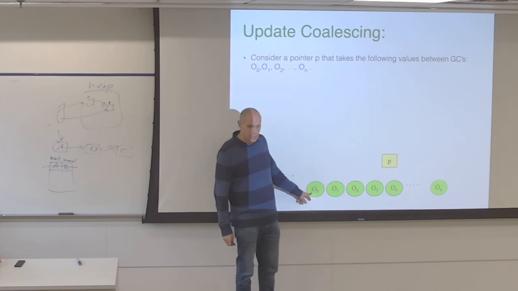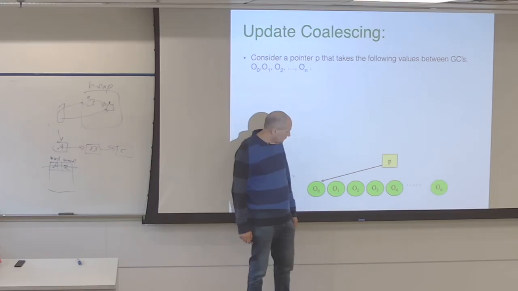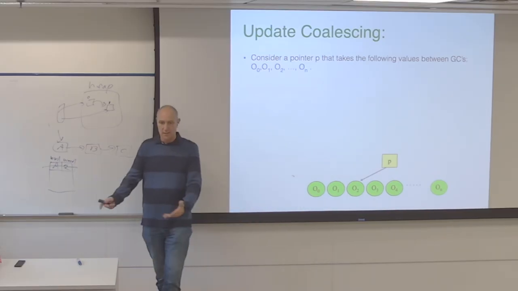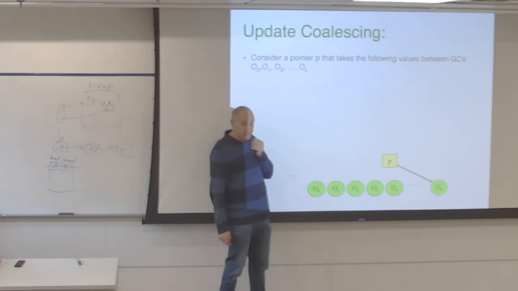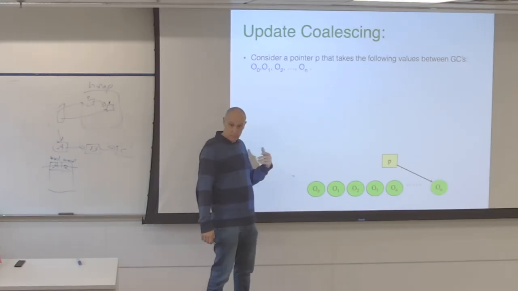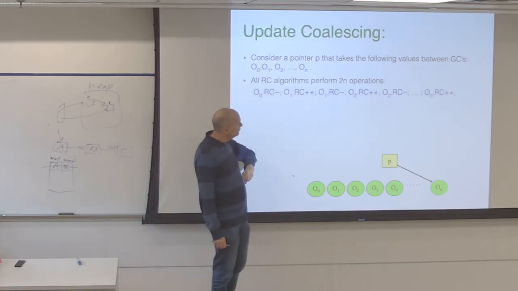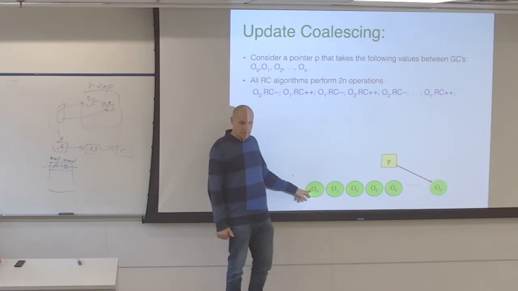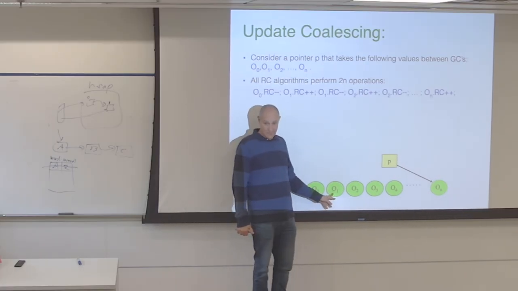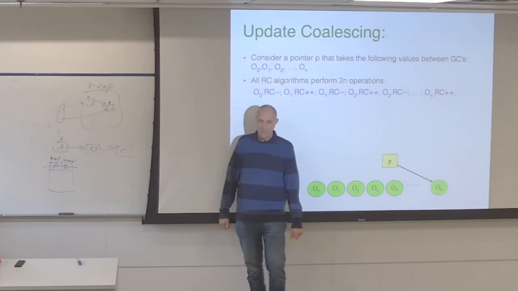It starts with pointing to O0, then it goes to O1, O2, O3, until it gets to On in the next garbage collection. Okay, so what would reference counting do for this? It will do a lot of work. It will do 2n operations. I decrement the reference count for this and increment this, decrement this, increment this, decrement, increment, decrement, increment.